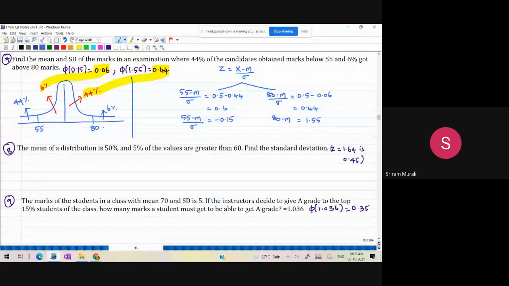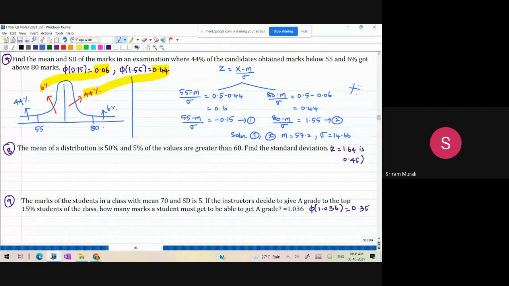So that is 80 minus m by sigma. Solve 1 and 2, you get m as 57.2 and SD as 14.66.